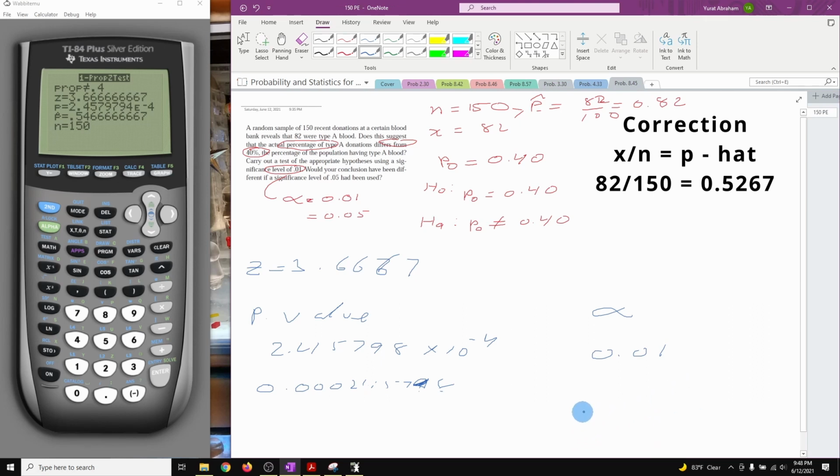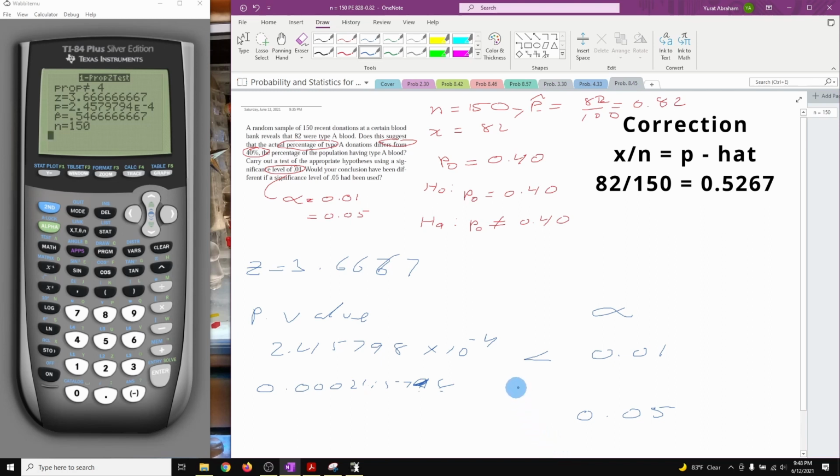Our significance level, which we were comparing with, is 0.01. And of course, we have the other one, which is 0.05. Now, the question is, is the p-value smaller than 0.01? If you think of decimals as money, the answer will be yes, it's less than.